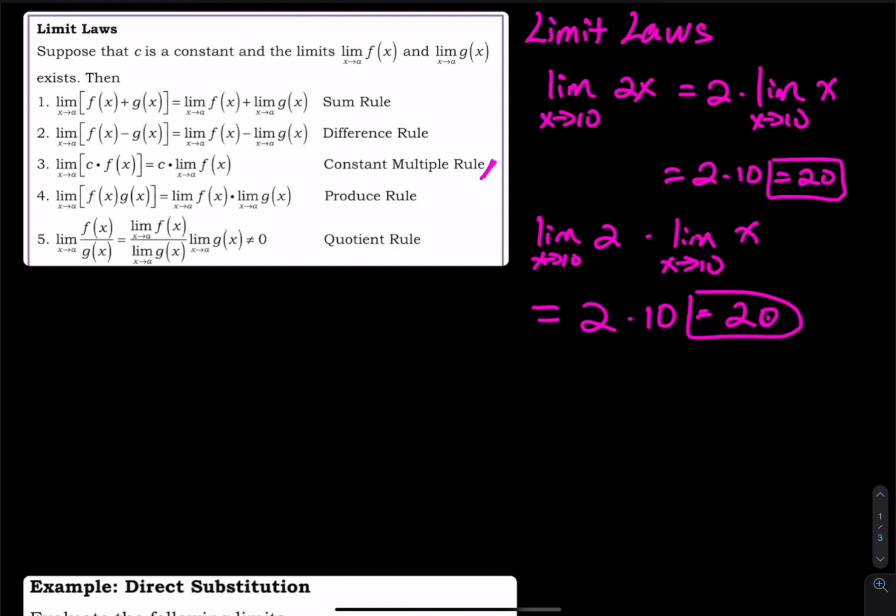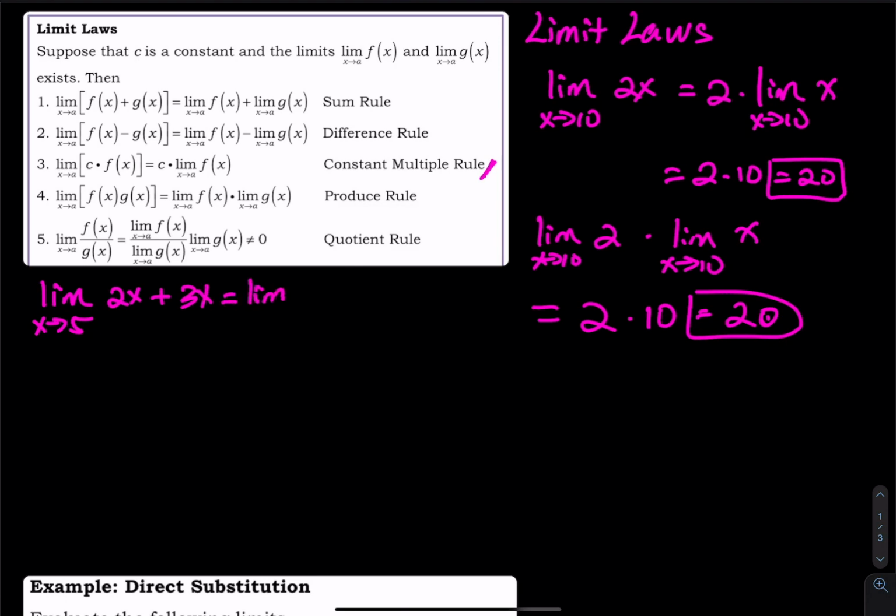All right, so here is how we do the sum and the difference. Let's make one right here. Let's say we have the limit as x approaches 5 of 2x plus 3x.